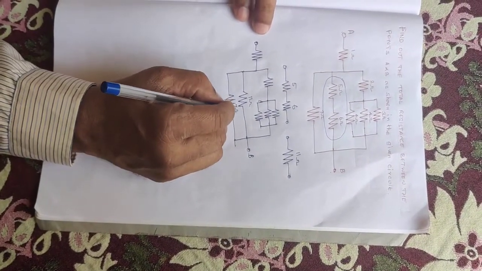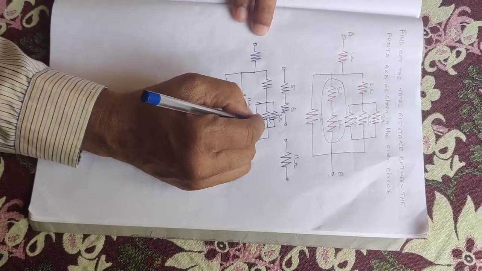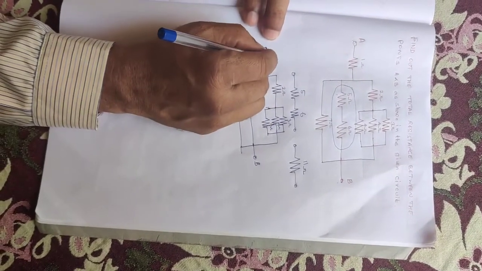So 11 ohm and 7 ohm, this is 3 ohm, 4 ohms and 4 ohms, 2 ohms and 1 ohm.